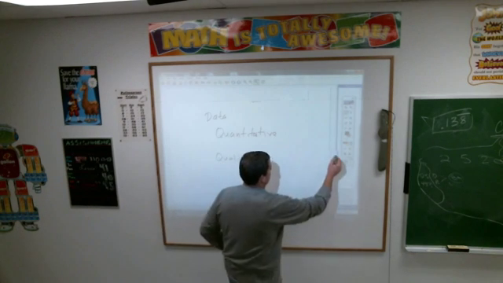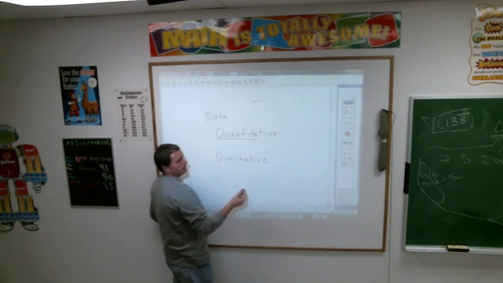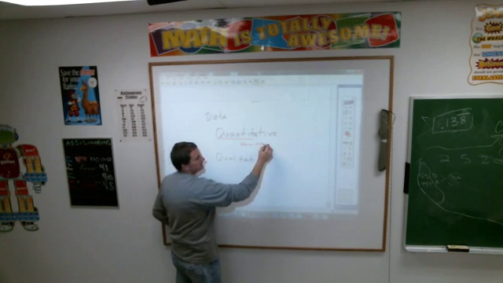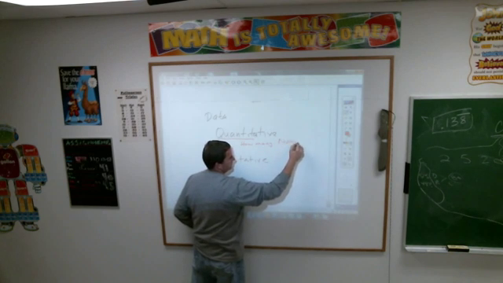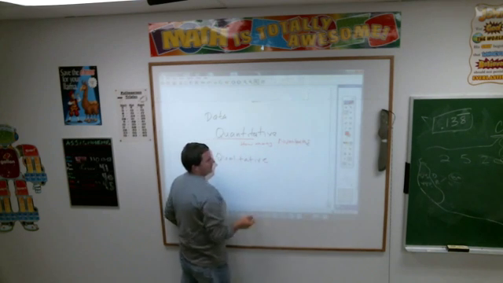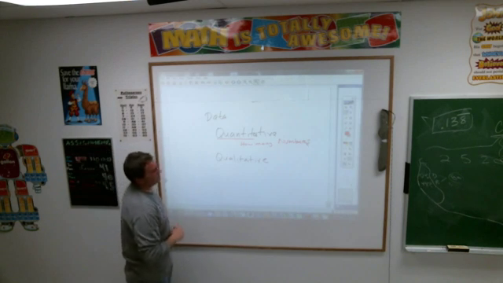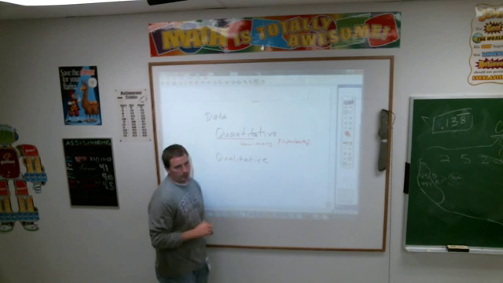Well, what word do you see in quantitative? Quantity. Okay. That would mean how many, or you're talking about number-wise. Like if I asked, how many kids are in your school, that's a quantitative number. It's a number.